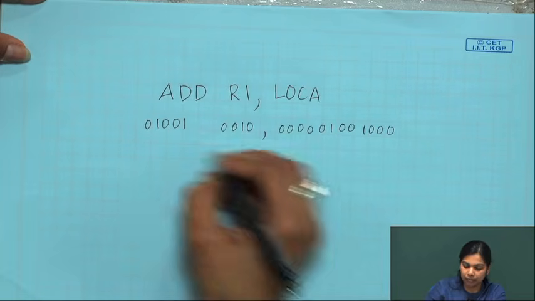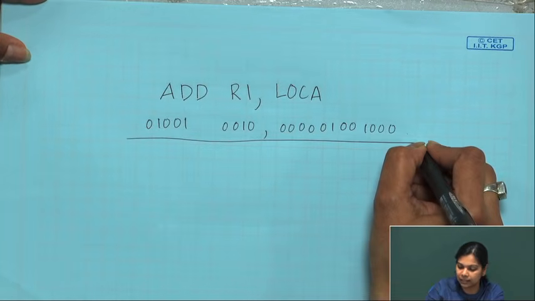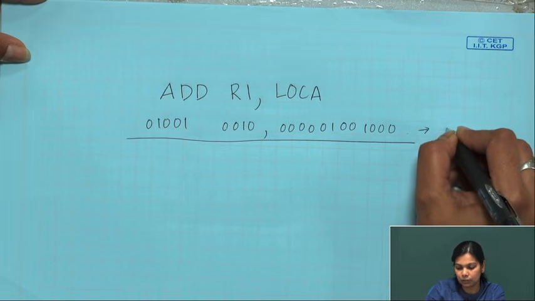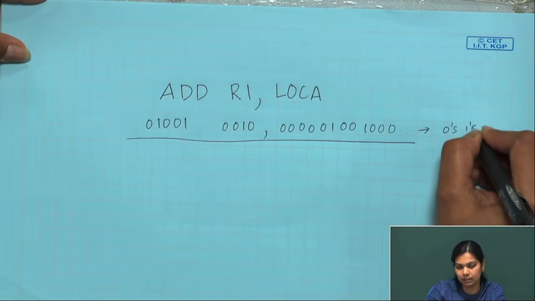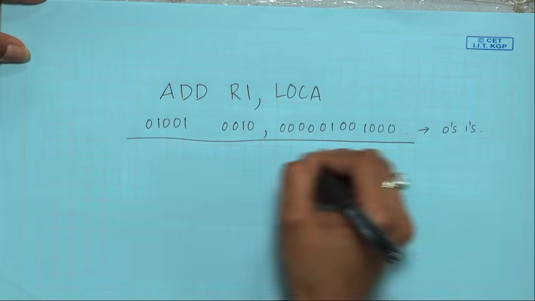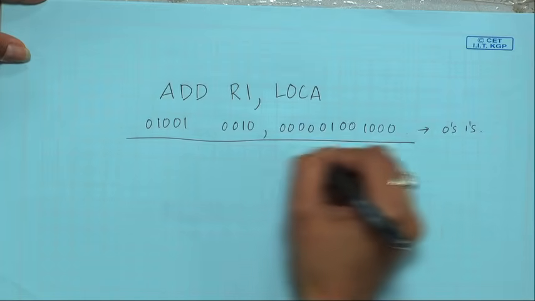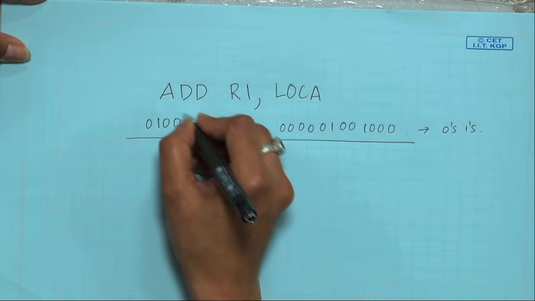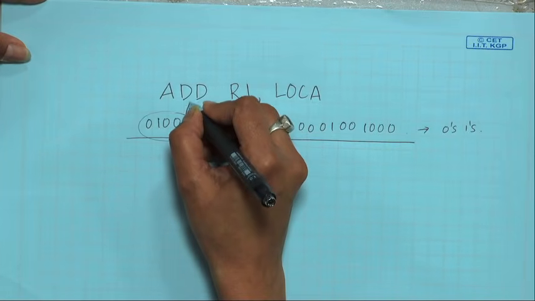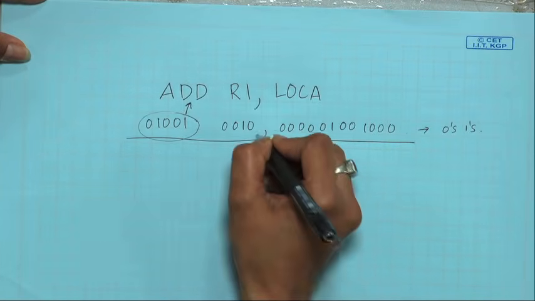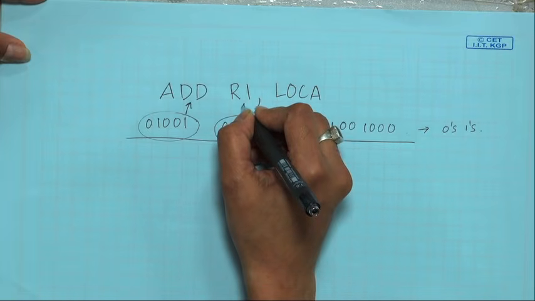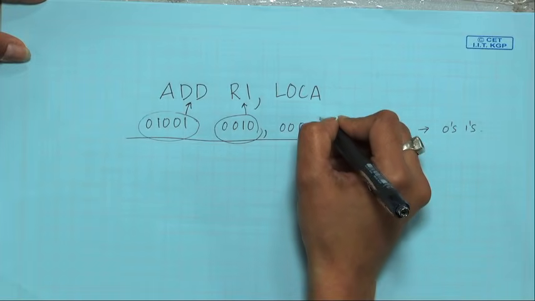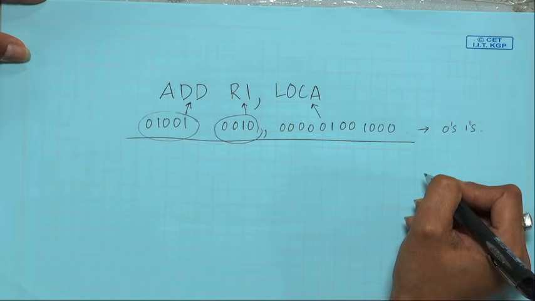So, what am I specifying? I am specifying the entire instruction in bits of zeros and ones. When I specify an instruction in the form of zeros and ones, this number specifies the add instruction, this number specifies the R1 register, and this number specifies this location.